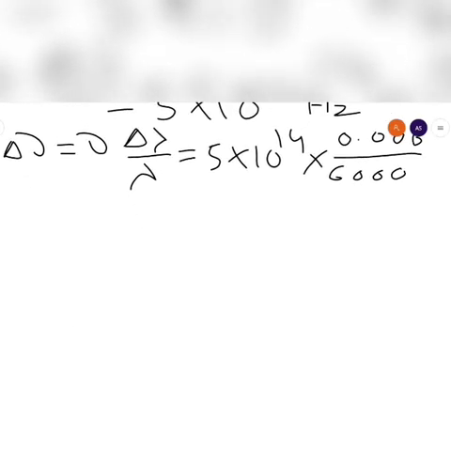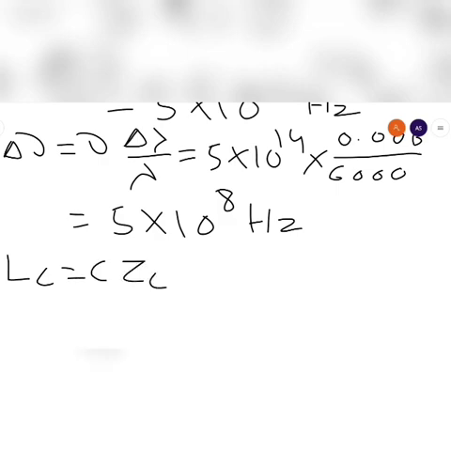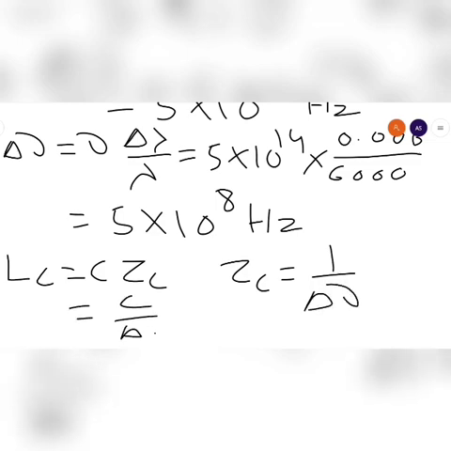Now the value of delta mu is 5 into 10 to the power 8 hertz. You know the coherent length is c into tau c, and tau c is equal to 1 upon delta mu. So you can write c upon delta mu.